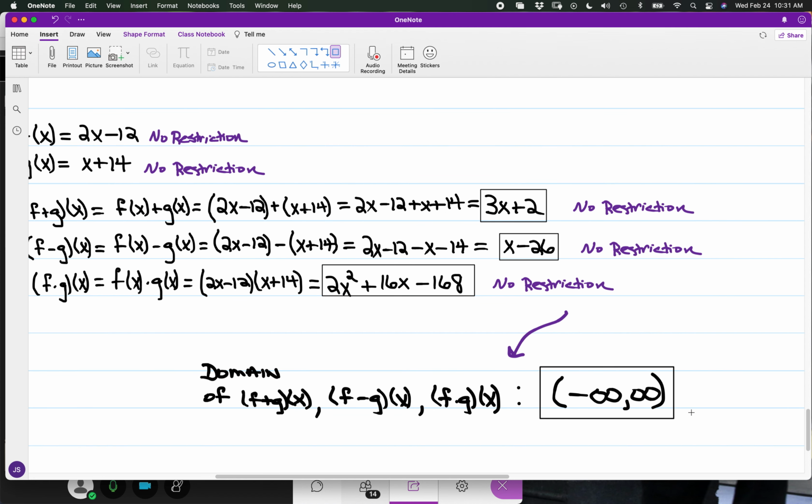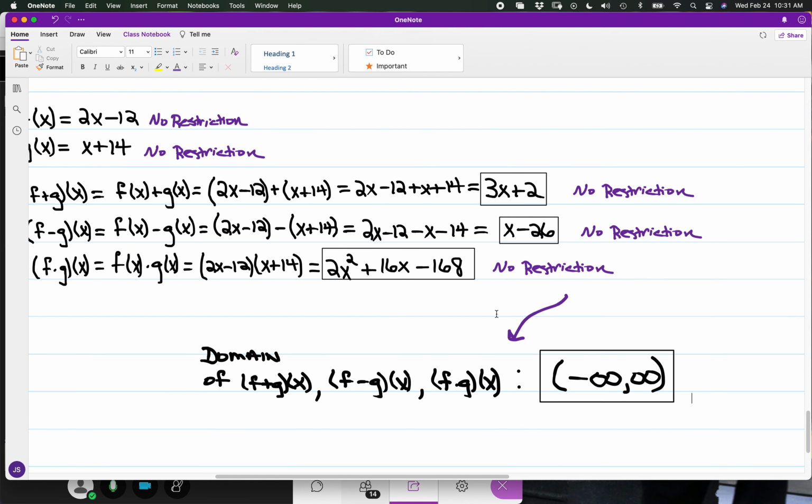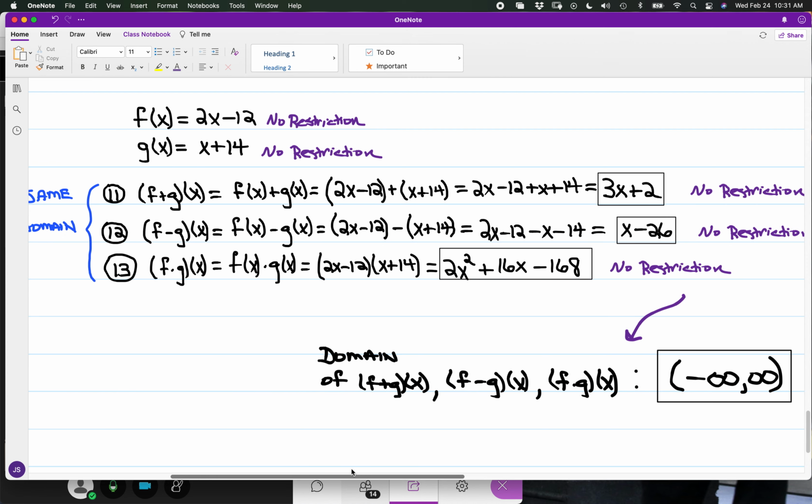So basically we had the set of all real numbers, and since we had the same result in the domain for these operations, you had the set of all real numbers in triplicate.